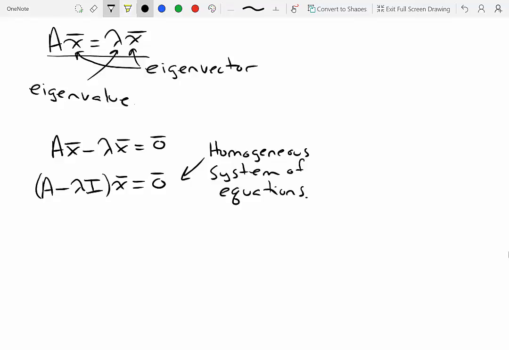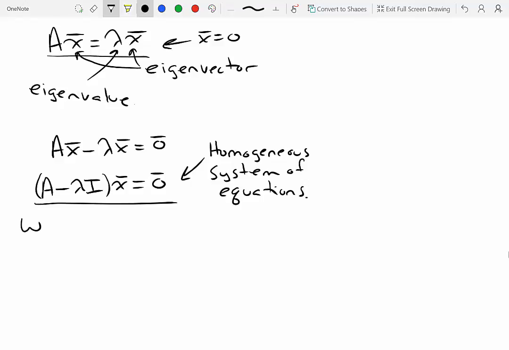We know that they're always consistent, that it has the trivial solution, which if we were to go back up here, you could immediately recognize that if I let x equal 0, clearly the left side is going to be equal to the right side, but it's not going to be very interesting. What I would really like is for this homogeneous system of equations to have non-trivial solutions.